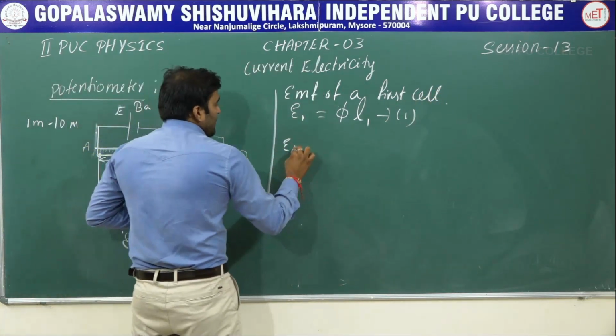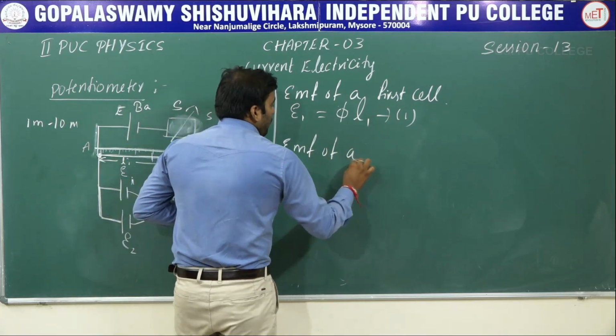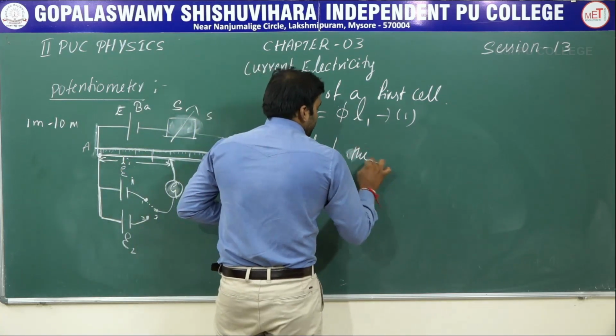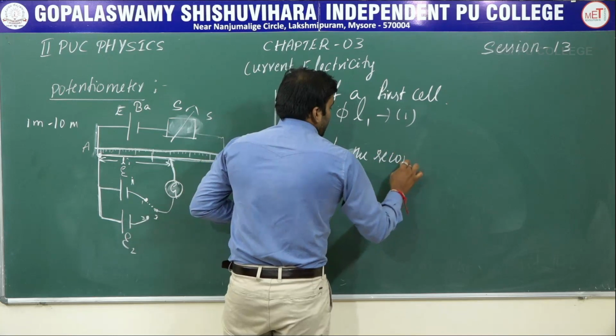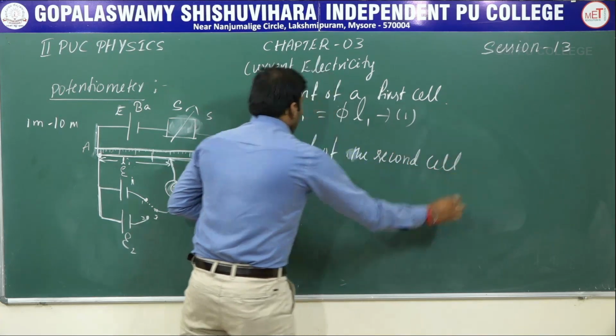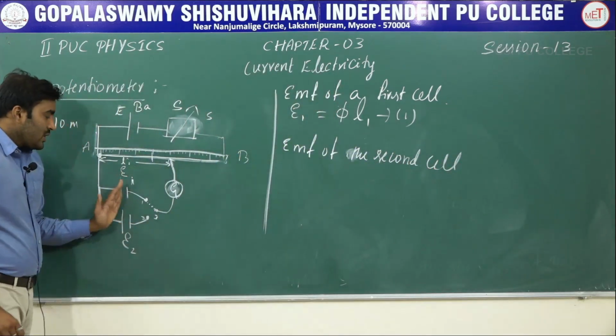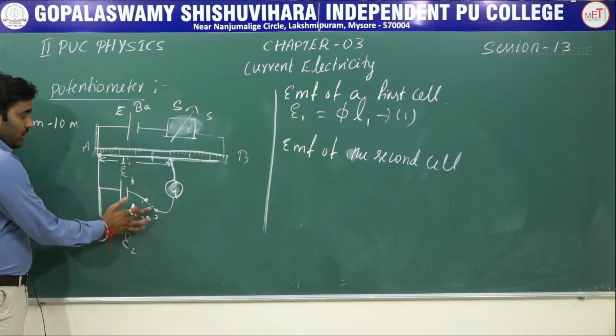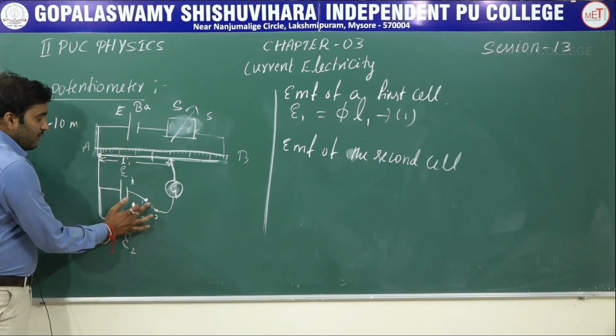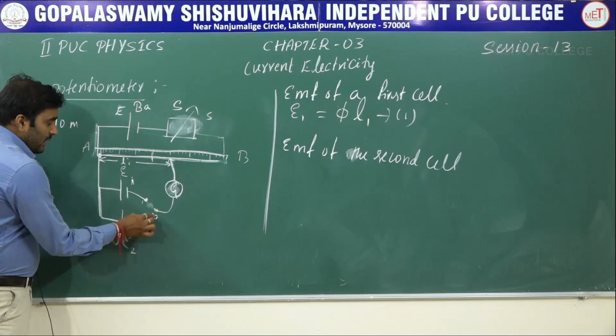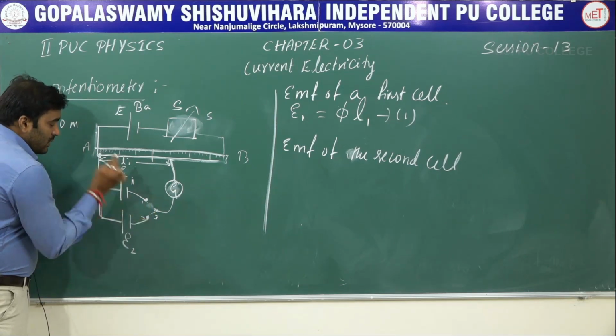Next, similarly, let me write the EMF of the second cell. For the second cell, using a two-way key, we have to disconnect the first cell from the circuit and connect the second one.